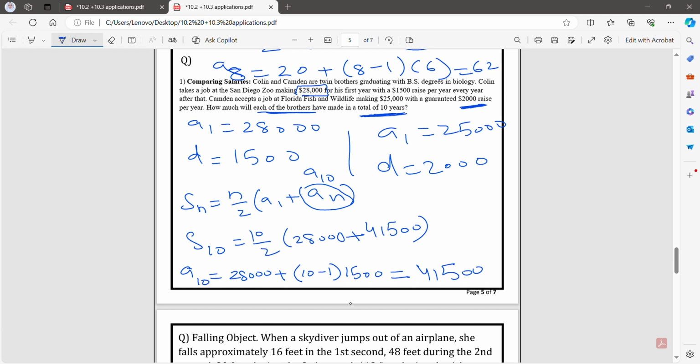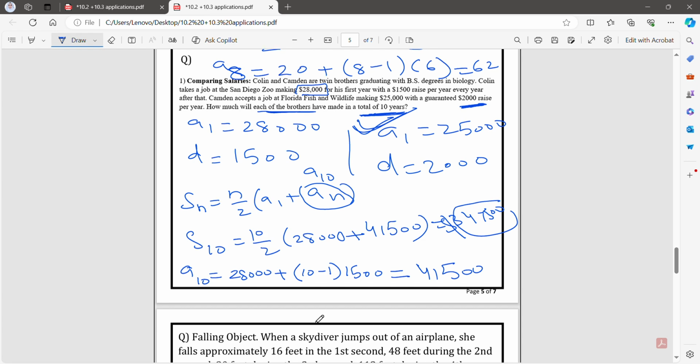Okay, the answer is 347,500 dollars, right? This is for the first brother, and for the second brother you have to do the same thing. In the second brother, Sn will use n of 10 because it is 10 years for both, and then only A1 and A10 will change. So do the same thing for the second brother also.